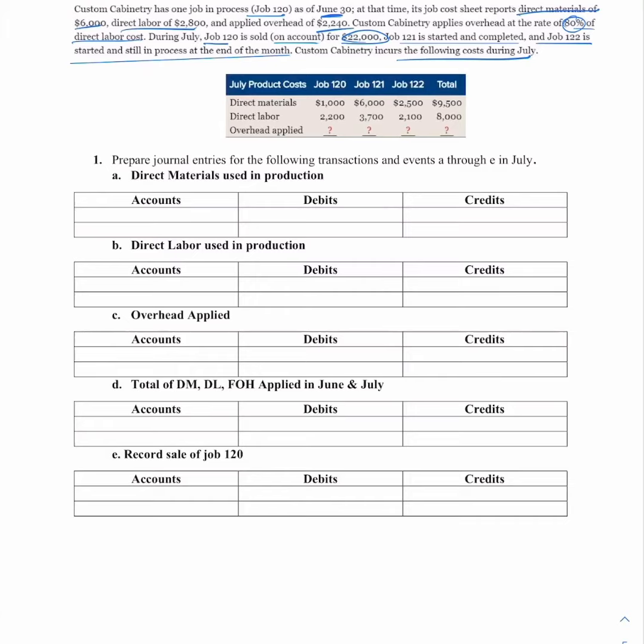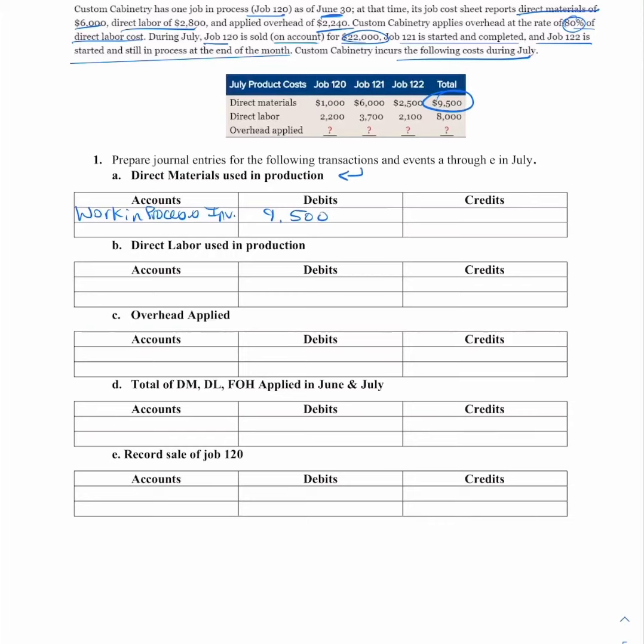So the question is then, how do we figure out how to work these journal entries? We're going to go through them together as we go down the list. The very first item here, of course, is to figure out the direct materials used in production. They were nice enough to just give us that total, so I'm going to debit my work in process inventory for $9,500.